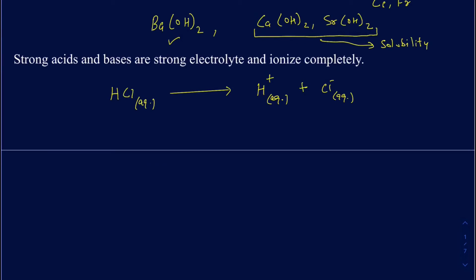You're not going to have anything left behind in the form of HCl. Everything will be broken up into H plus and Cl minus. That's what strong electrolyte and completely ionized mean.